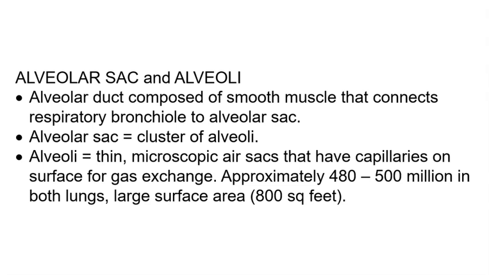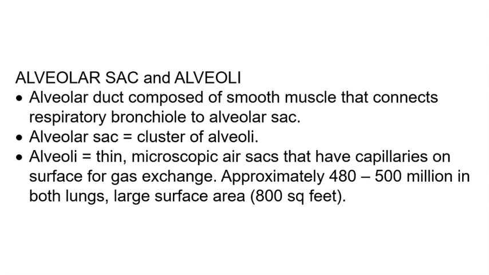The alveoli themselves are very thin microscopic air sacs that contain capillaries on their surface for gas exchange. Typical numbers of alveoli for the entire respiratory system, that is both the right and the left lungs, range from anywhere from about 300 to 500 million.